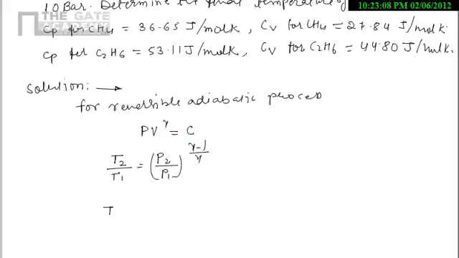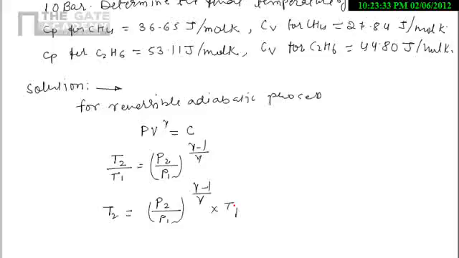So we have to find T2, that is (P2 by P1) to the power (gamma minus 1) by gamma into T1. For this problem P1 is 1 bar, T1 is 300 Kelvin and P2 is 10 bar.